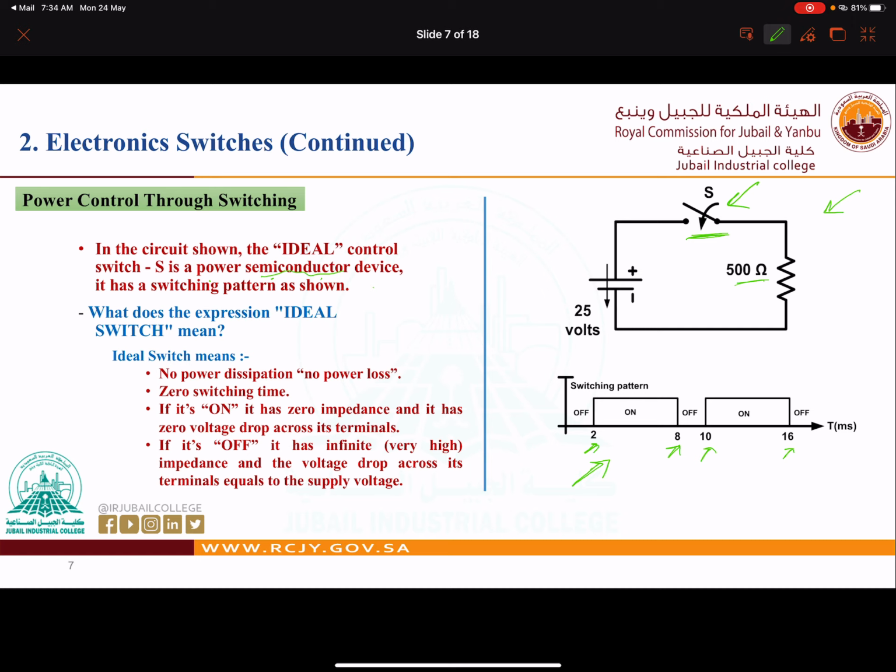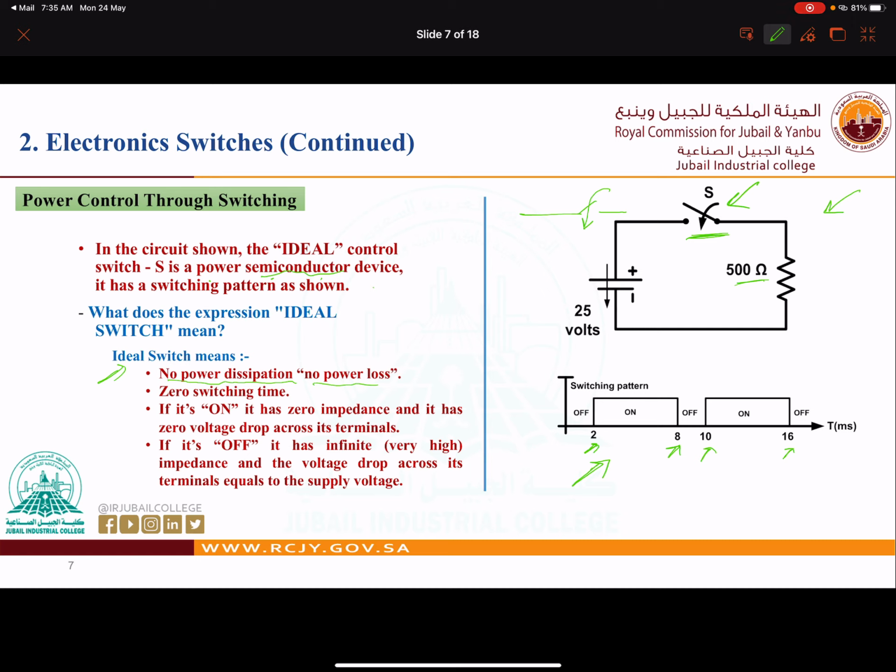We don't have losses. When the switch is ideal, it means that there is no power dissipation, no power loss. When we close the switch and open, close and open, we don't have power loss. And this is not the reality; this is the ideal switch.